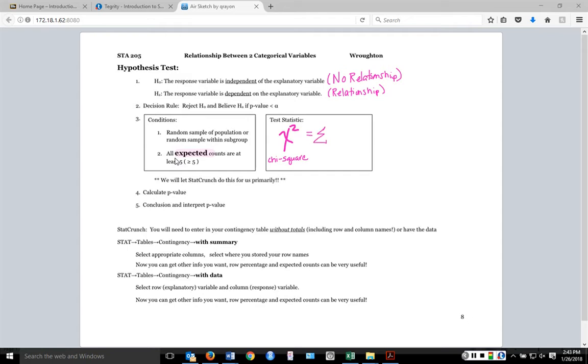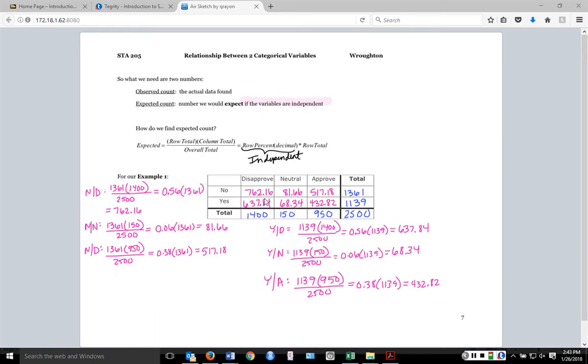So the first thing we're going to use is this capital sigma, which really just means to sum, or that we're going to add some things up. And how we do that is we take our observed count minus our expected count, square it, and we divide by our expected. So if we're looking at our example, I'm going to have 1, 2, 3, 4, 5, 6 expected counts.